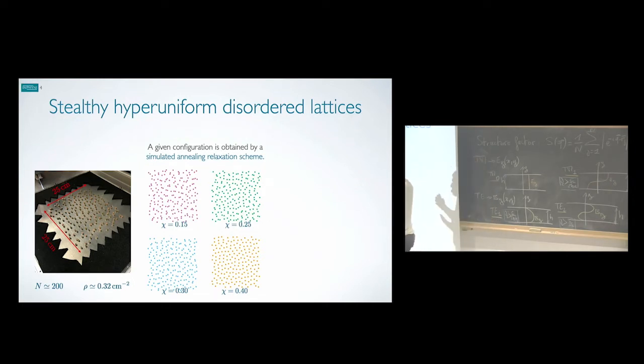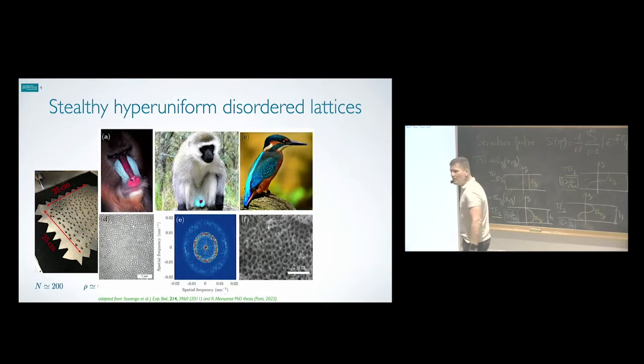This is absolutely not an artificial strategy, because in nature, this strategy is developed. For example, this is a macroscopic view of the fibrin collagen, which are distributed according to a hyperuniform lattice. This is reproducible for the blue color of the nerves of the mandrill. And here you see the structure factor of this distribution.